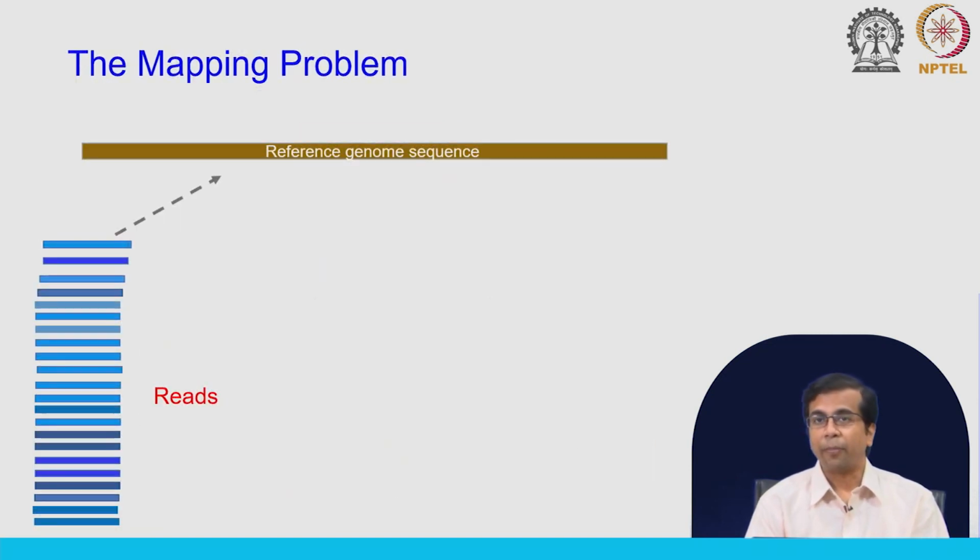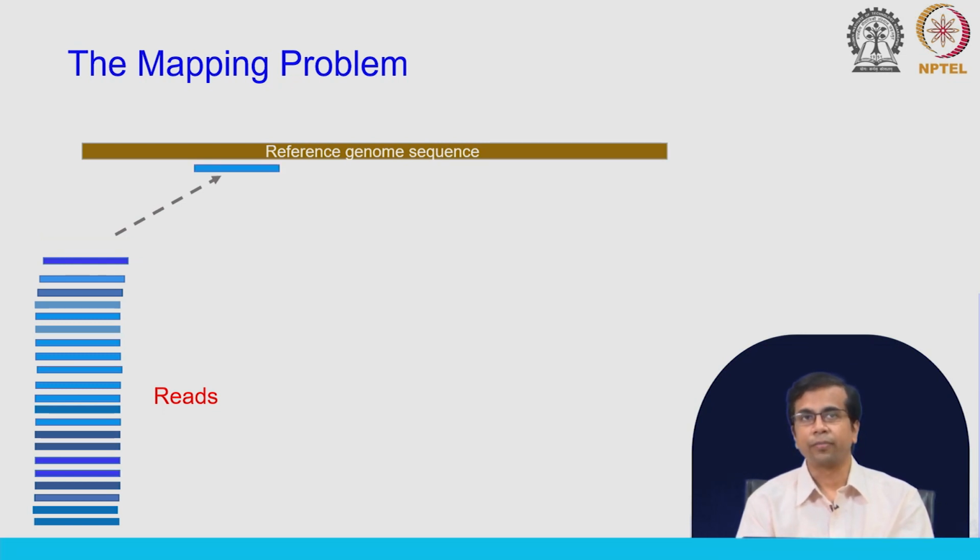Okay, so, the mapping problem, just to remind you. You have this stack of reads on the left, and the goal is to identify where these reads come from in the reference genome. Whether these reads come from chromosome 1, chromosome 5, chromosome 10 etcetera, that is the goal of this mapping. For example, in this schematic or animation, we have this read and we found a match at this position in the reference sequence, and this is the mapping that is done.